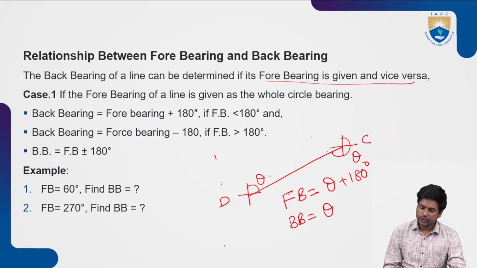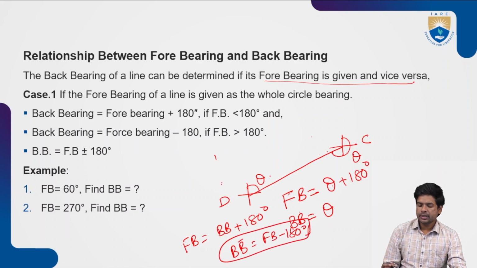So now if you want to find out the back bearing, here in place of theta we can write BB, the back bearing. So fore bearing is equal to back bearing plus 180. From this you can find out back bearing is equal to fore bearing minus 180.